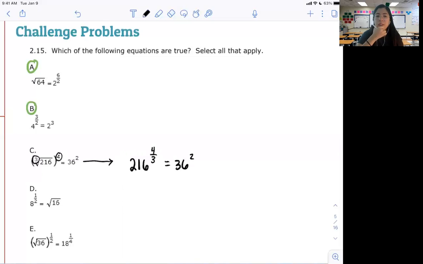Okay. So now, this is way more challenging, right? Because these numbers are not very easy to work with. Does anyone have any suggestions?